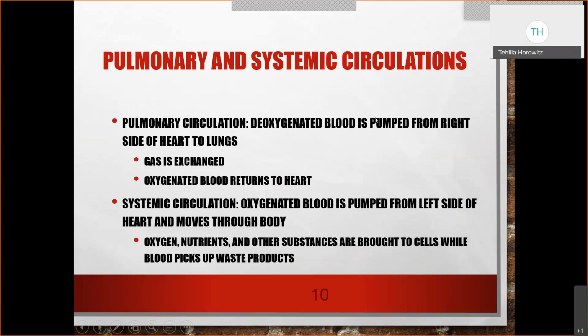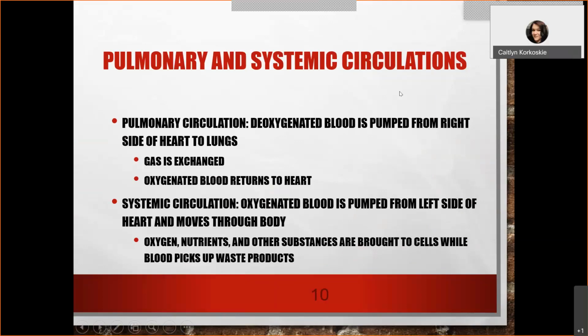Okay, so pulmonary and systemic circulation. So pulmonary circulation is the deoxygenated blood is pumped from the right side of the heart into the lungs. So gas can exchange, the blood can be reoxygenated, and then it goes back into the heart, where then the oxygenated blood is pumped from the left side of the heart to move through the body.